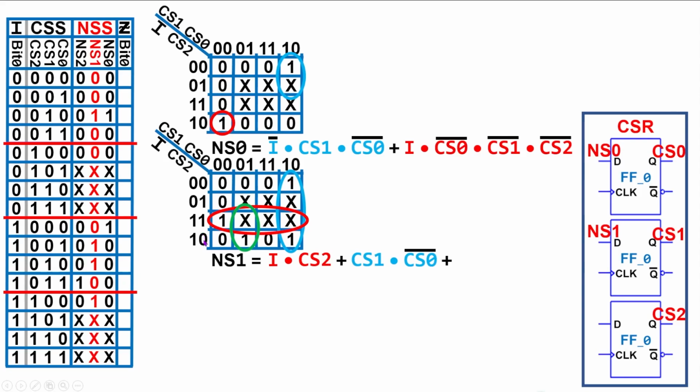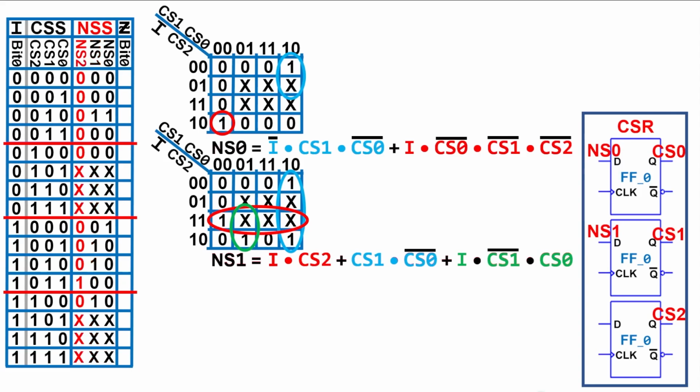The 1 and the 0 on the left here, they represent CS2. They're opposites, they'll be canceled. We won't use CS2. So we're going to use I, and we're going to use not CS1, and we're going to use not CS0, and that is we've implicated everything, and we've simplified. This doesn't look very simplified, but it is. It's the simplification of this K-map.